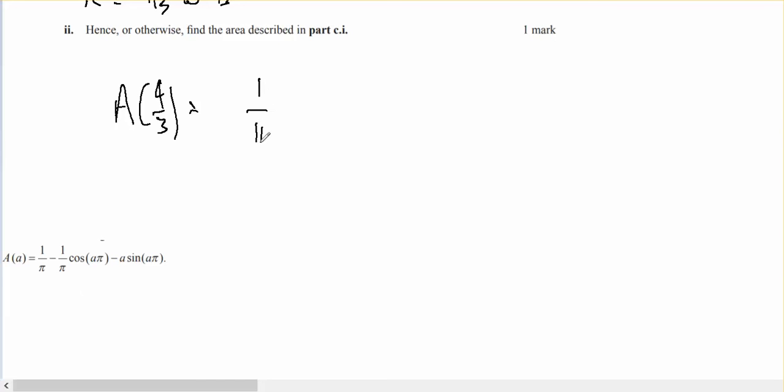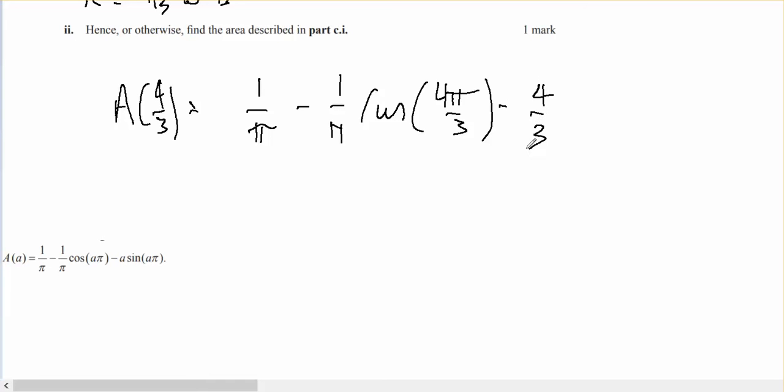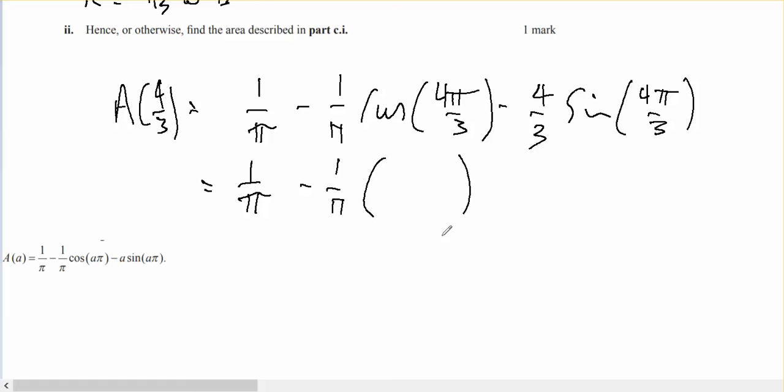So 1 on pi minus 1 on pi cos of 4 pi over 3 minus 4/3 sine of 4 pi on 3. 1 on pi minus 1 on pi times negative a half minus 4/3 times negative root 3 on 2.